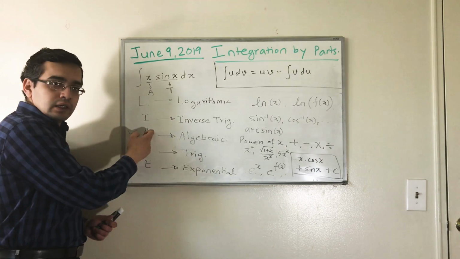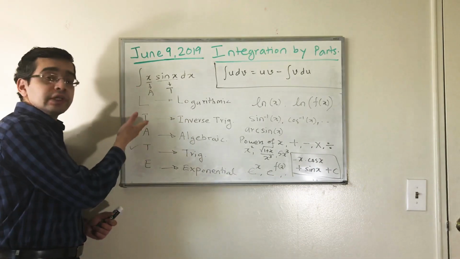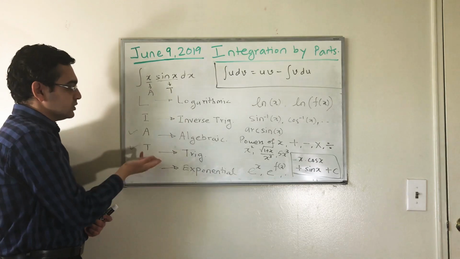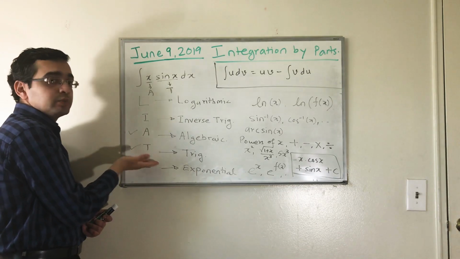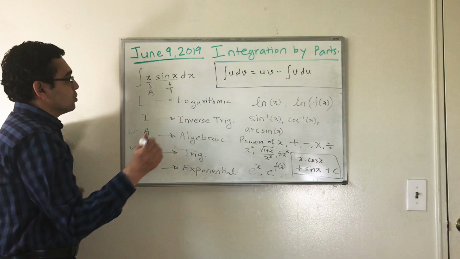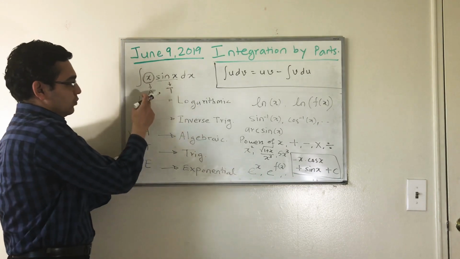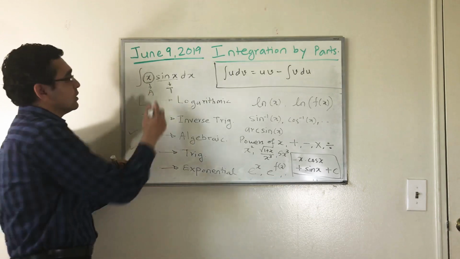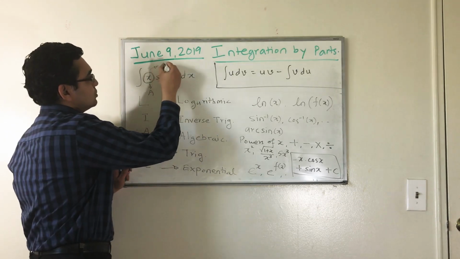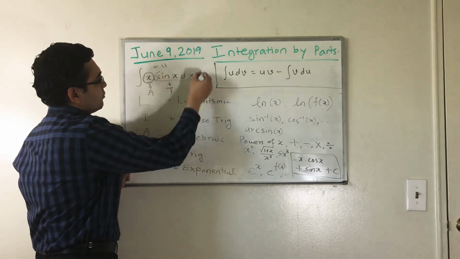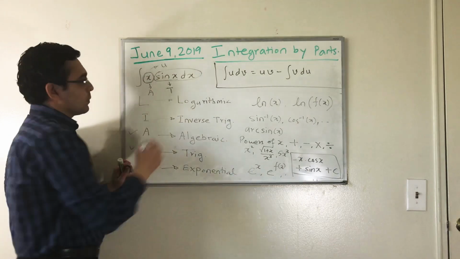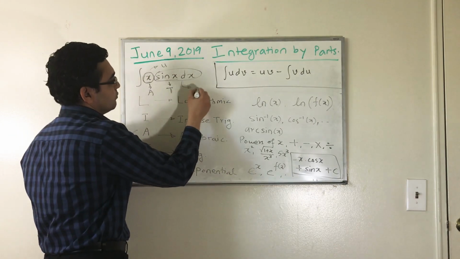Now A comes in the sequence before T, right? Algebraic functions are placed in the sequence before trigonometric functions. So I'm going to say that this guy, which is A, which happens to be before T, this guy is u, and whatever I'm left with, this part, that's going to be dv.